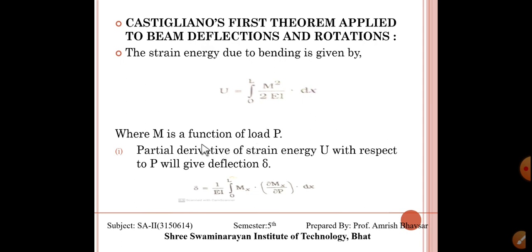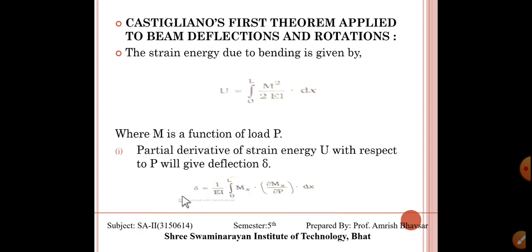Here M is a function of load P. Due to this P force, a moment will be generated. That's why M is a function of load P. For the deflection, the partial derivative of strain energy U with respect to P will give us the deflection delta.